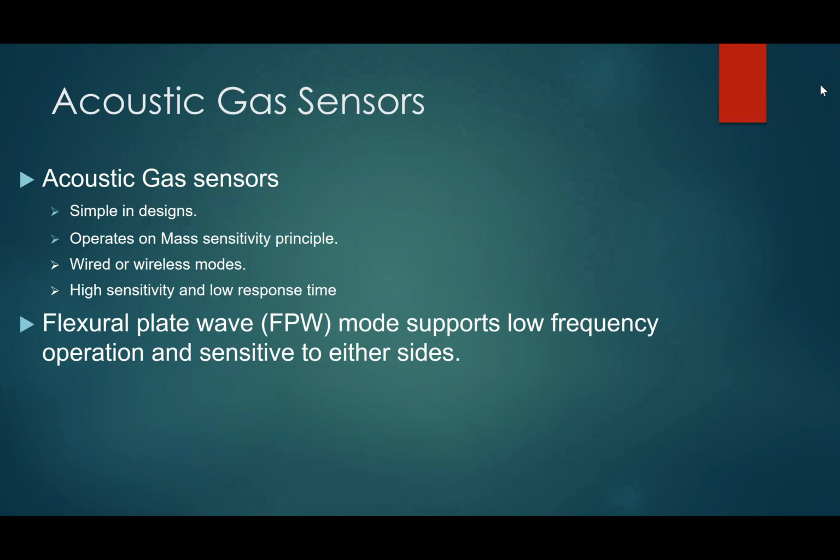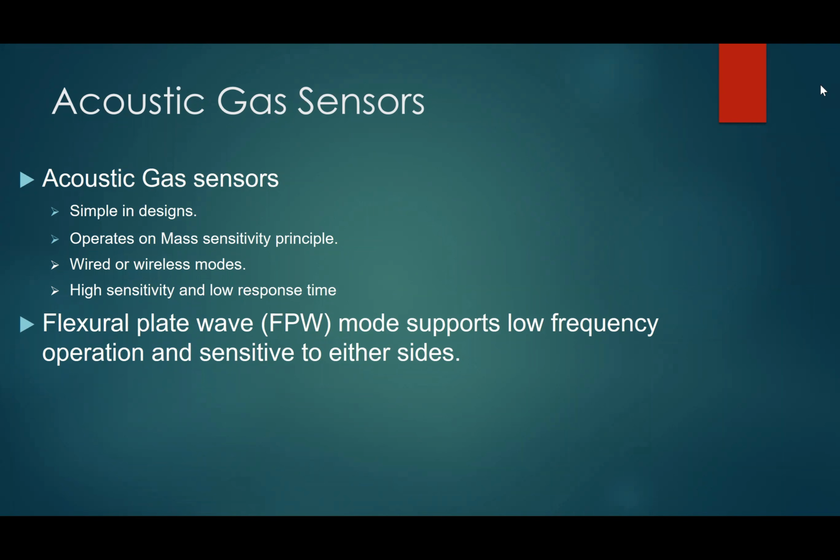As we know, there are different kinds of gas sensors, and among them, acoustic gas sensors are one kind. There is a lot of work that has been done in this area. The reason there is a lot of interest in gas sensing with acoustic sensors is because they're simple in design. They operate with the mass sensitivity principle.